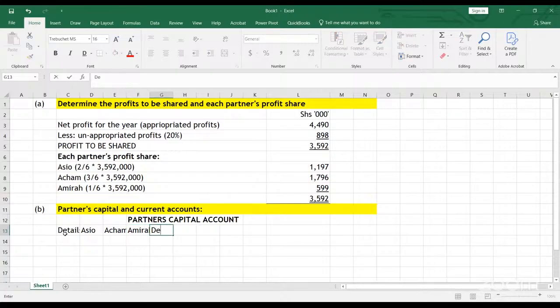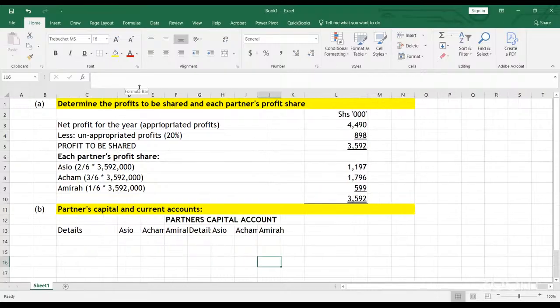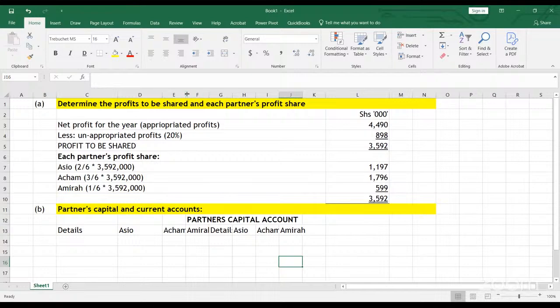Then details on the other side of the account: Asio, Acham, and Amira. So let me just make this here now. Let me try to increase the width of the columns.